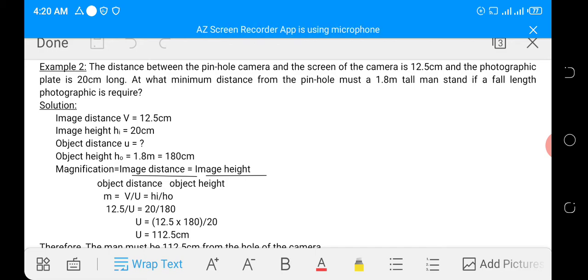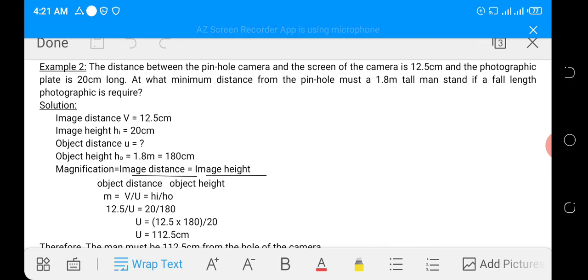Then object distance U is unknown. Then object height is 1.8 meter. Since other distances are given in centimeters, 1.8 meter converted to centimeter gives 180 centimeter. Then using the formula, magnification is equal to image distance over object distance, which is also image height over object height. Using this relation, we have that V over U is equal to HI over HO, where U is the unknown.